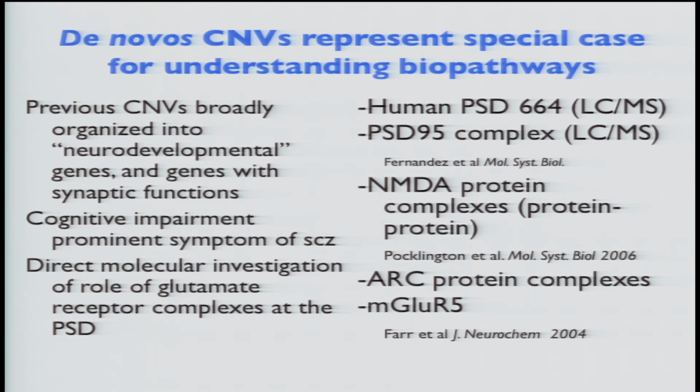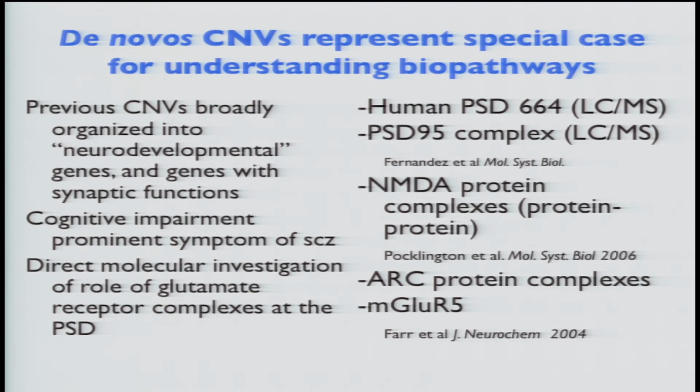Of course, the cognitive symptoms are prominent in schizophrenia. And so we chose to investigate glutamate receptor complexes at the postsynaptic density. What's different here is that these are not literature PSDs, but PSDs that were directly precipitated by Seth Grant and analyzed by LC mass spec.